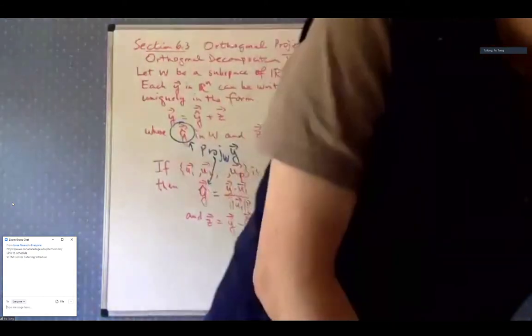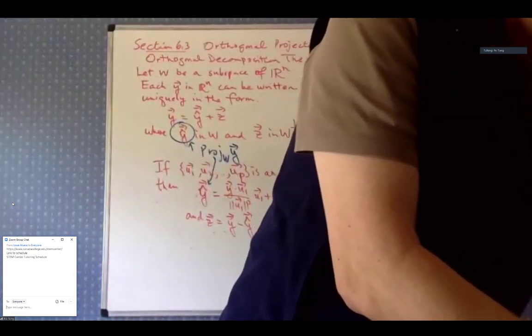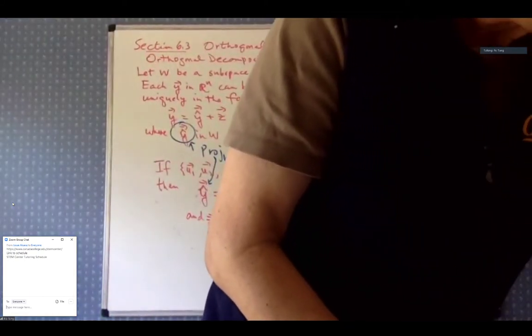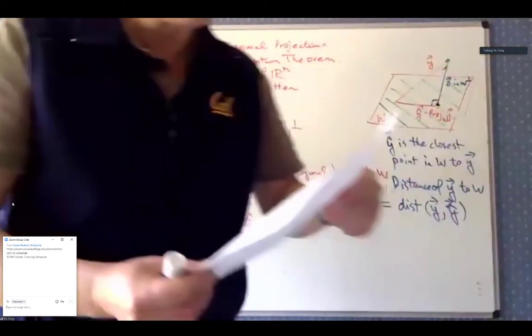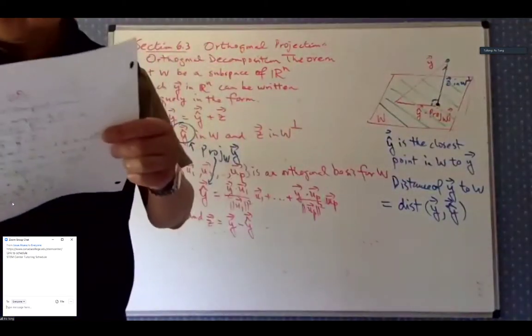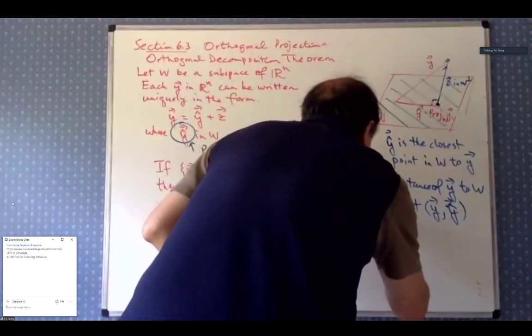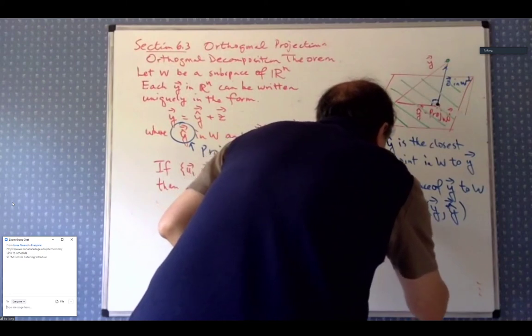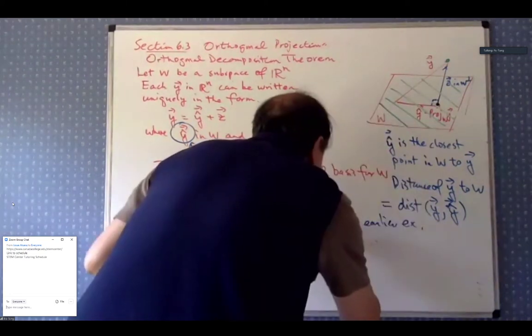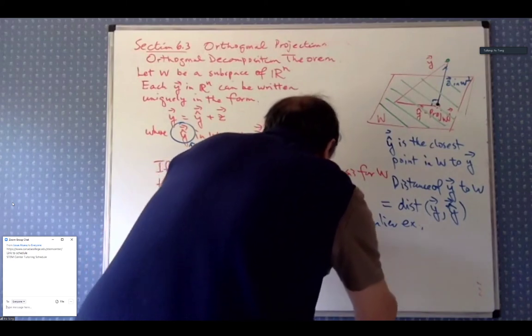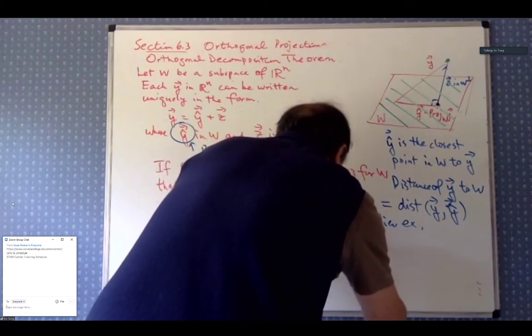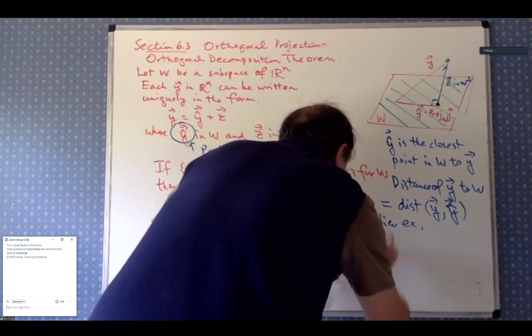In the earlier example we just did, we got z equal to 7/5, 0, 14/5.